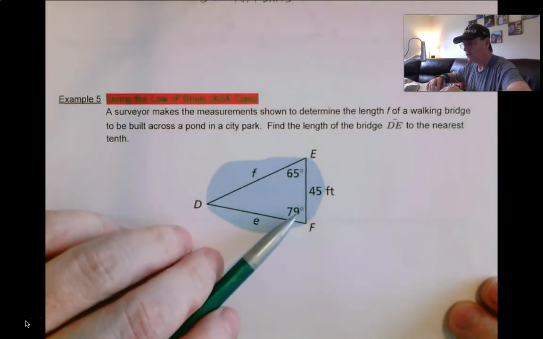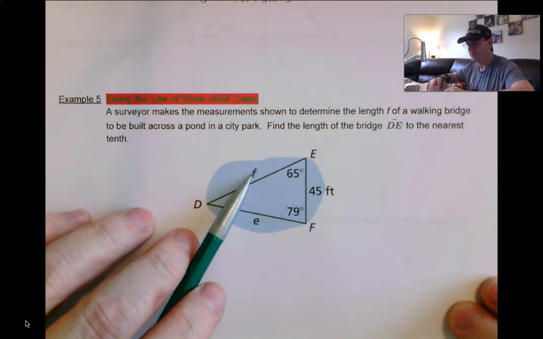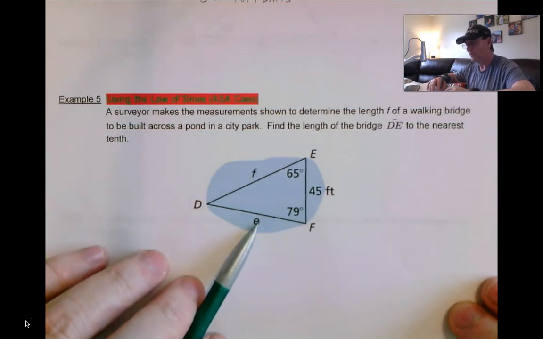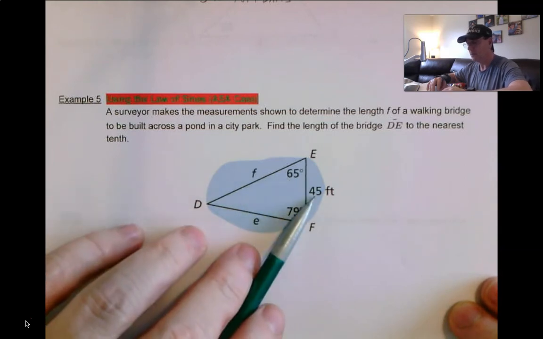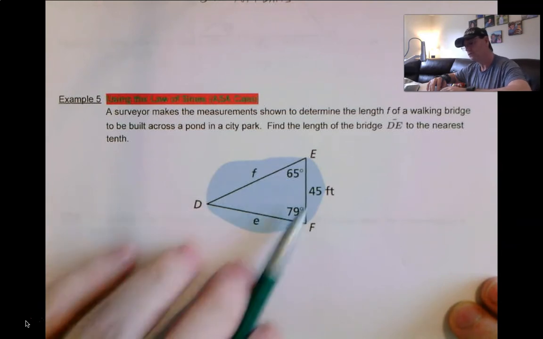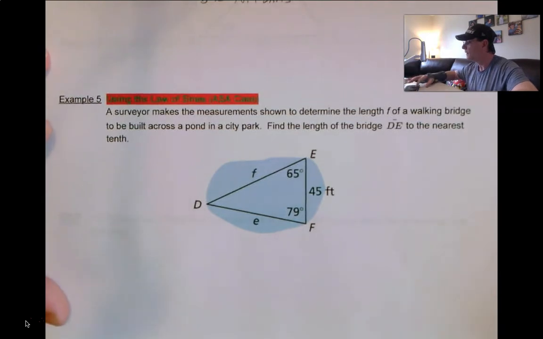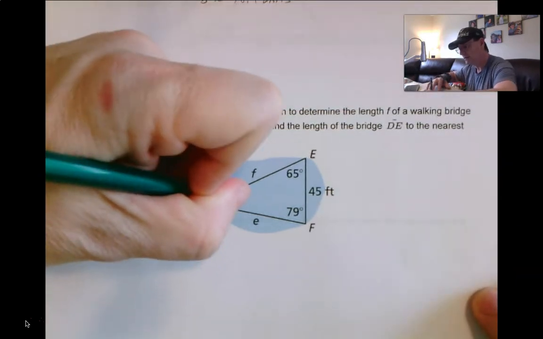Now, we currently don't have one complete ratio. We don't have f because that's what we're looking for, but we know angle F. We don't know little e, but we know angle E. We know the 45, but we don't know angle D, or do we? Triangle angle sum: 180 minus 65 minus 79 equals 36 degrees.